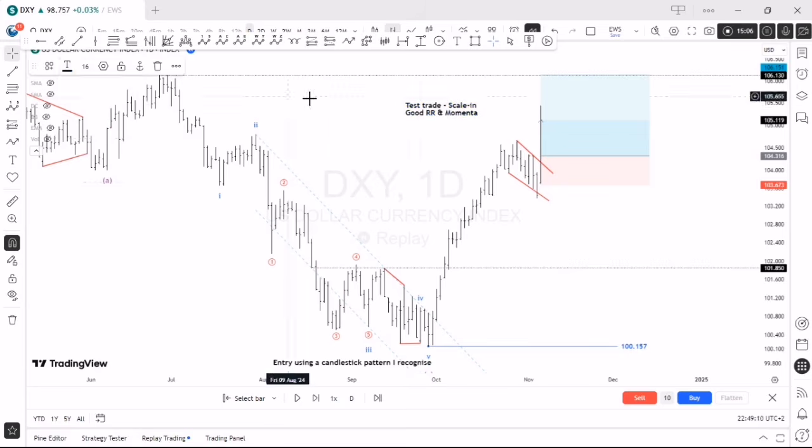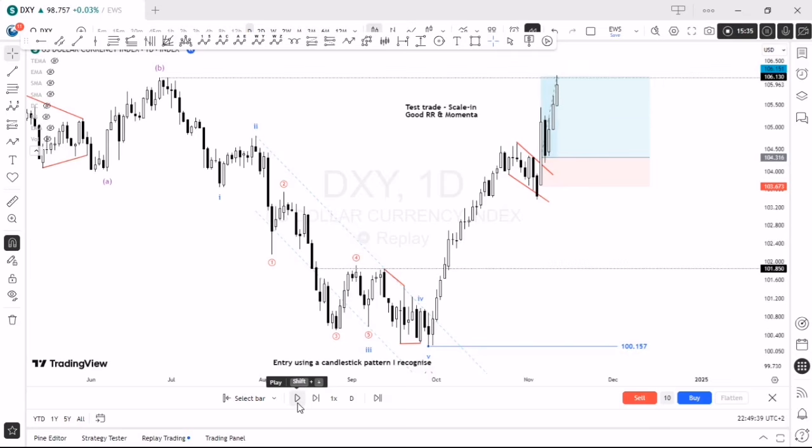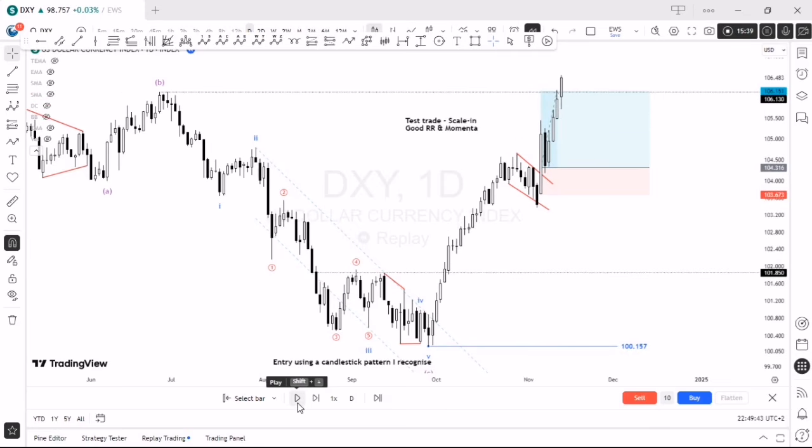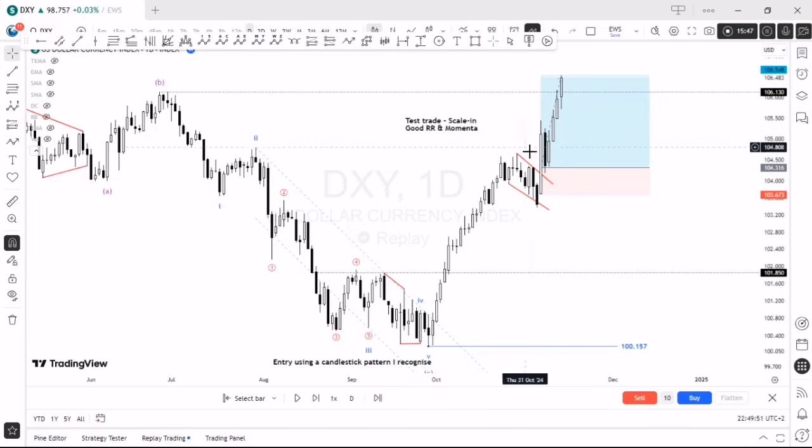On top of that, this trade would be what we call a scaling trade or a test trade. But if you looked at the candlestick following the breakout of the flag, it had momentum. So normally what I would do is use a buy stop order, the moment we breach the high of that black candlestick, the first one to the downside following the first decline.